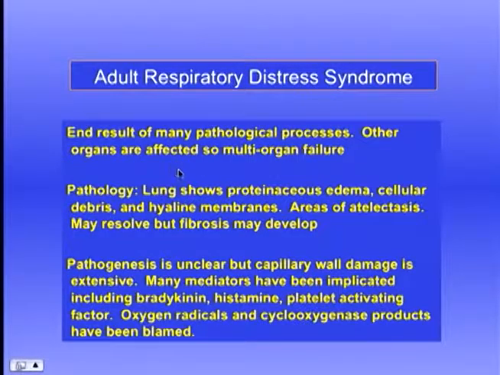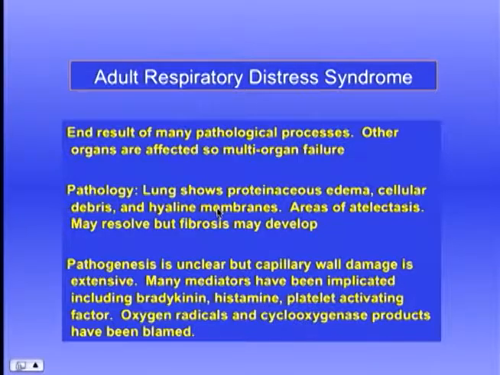The pathology of the lung is that it shows an edema of a very high protein concentration, a proteinaceous edema, which of course indicates that there is damage to the blood-gas barrier, and therefore the filtering effect of the blood-gas barrier on the proteins of the blood has been destroyed. There's cellular debris in the alveoli, and there are often hyaline membranes as well, having to do with the cellular debris.